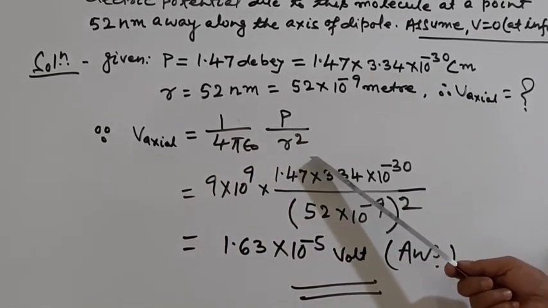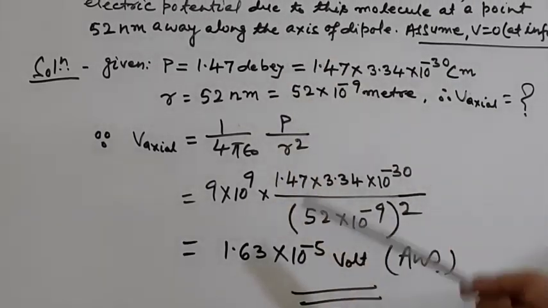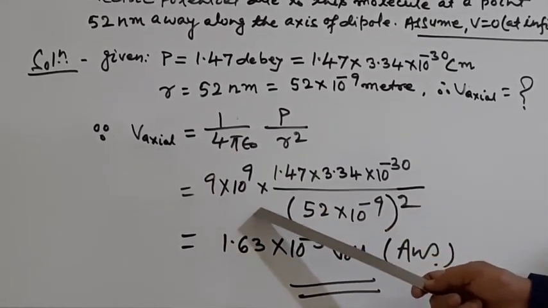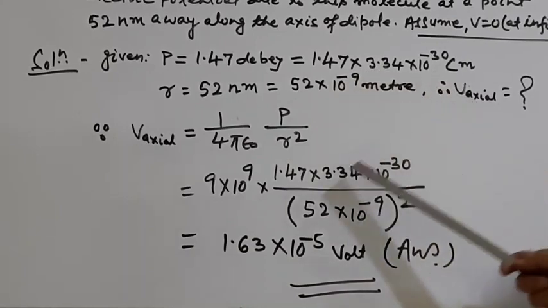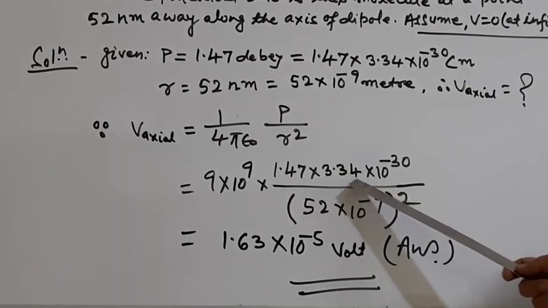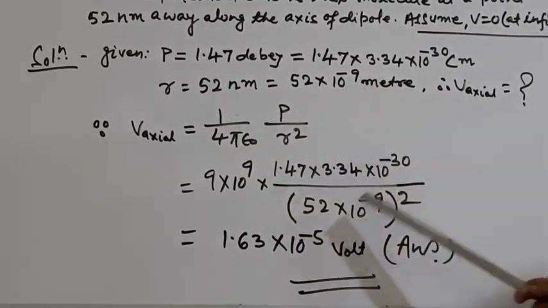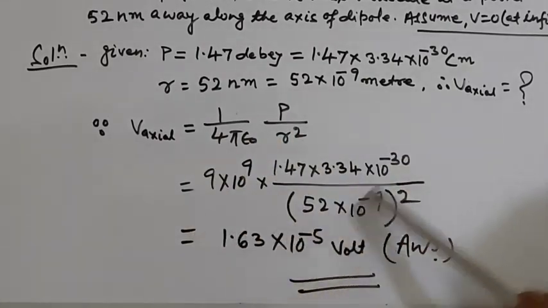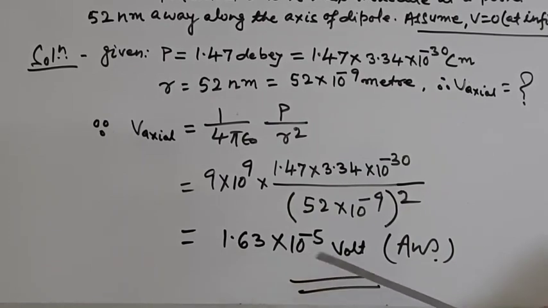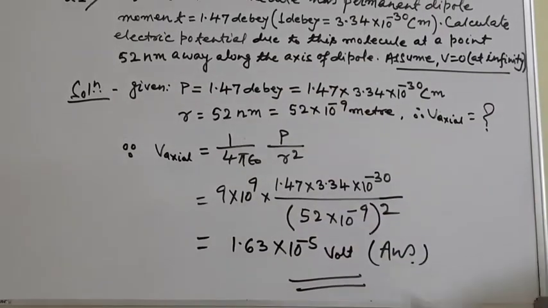This is for the short dipole, where R is much greater than L. Now we put in the values: 1 by 4 pi epsilon naught is 9 into 10 power 9, P is 1.47 into 3.34 into 10 power minus 30, and R is 52 into 10 power minus 9, squared. When you solve this, we get the result 1.63 into 10 power minus 5 volt. This is the potential of the ammonia molecule along the axial line.